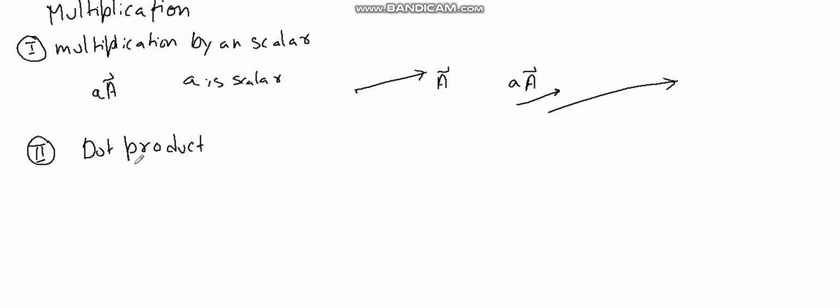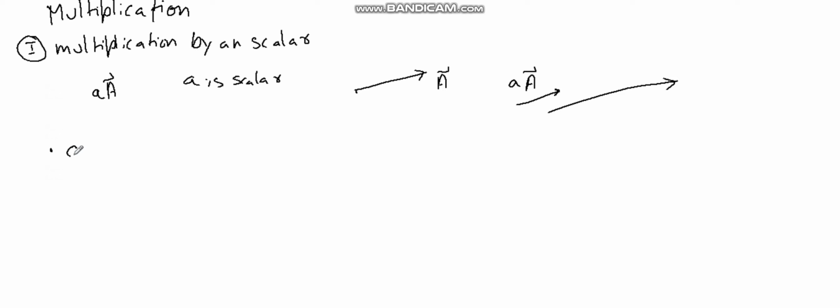One thing that I forgot to mention over here in the multiplication by a scalar is the distributive law. So in the multiplication of a vector by a scalar, there is another law which is called the distributive law.